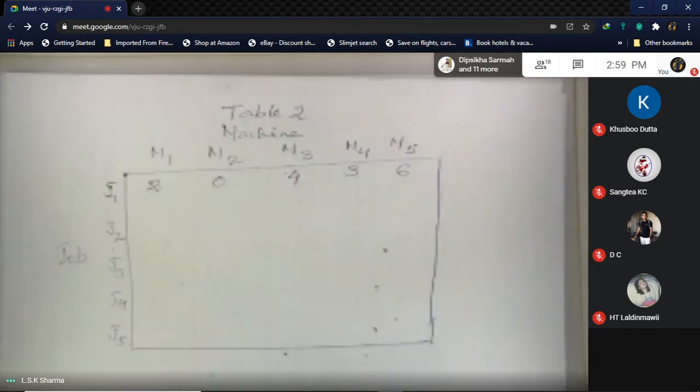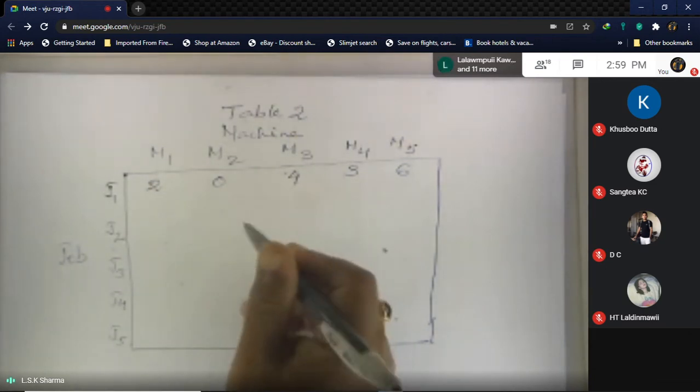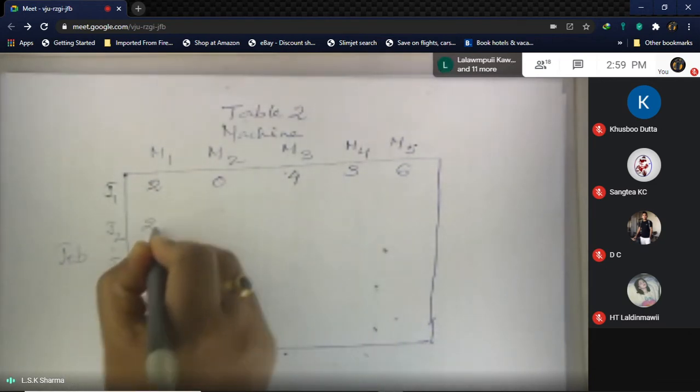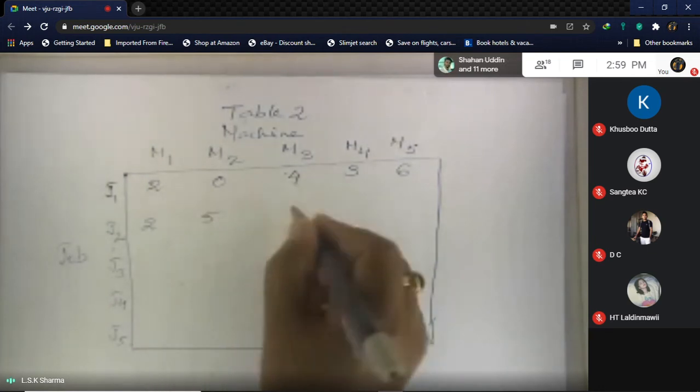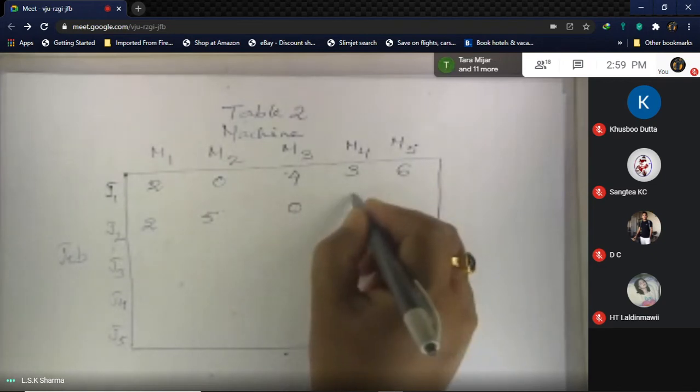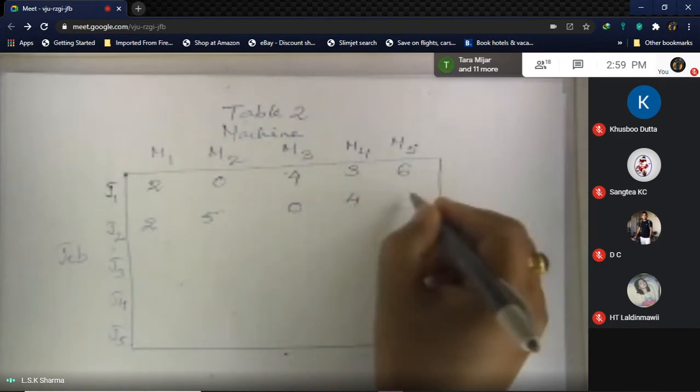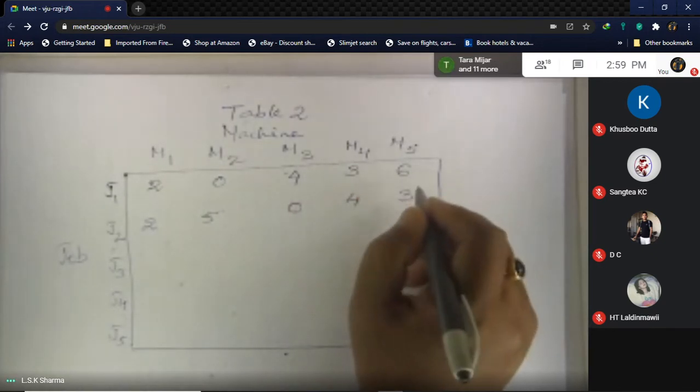Okay. Similarly, in the second row, what is the smallest number? The smallest number is 7. So 9 minus 7 is 2. 12 minus 7 is 5. 7 minus 7 is 0. 11 minus 7 is 4. 10 minus 7 is 3.